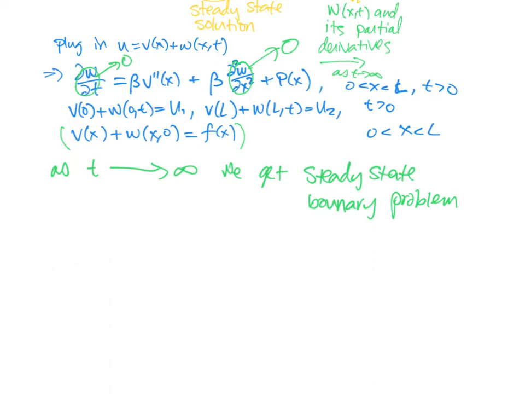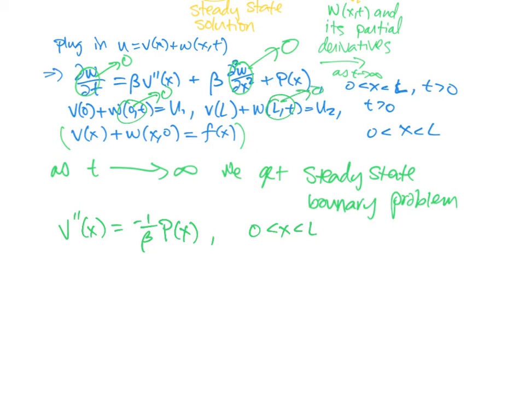And so the problem that we end up with is we can move the beta over and we get v double prime of x equals -1 over beta times p of x for x between 0 and L. And then our boundary conditions, oops, I forgot to write that. This goes to 0 and this goes to 0.